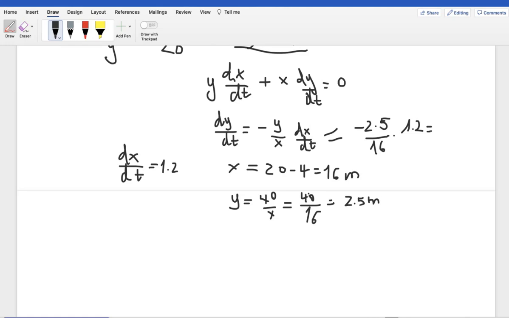And when you do this math, you can find that it's equal to negative 0.1875 meters per second.